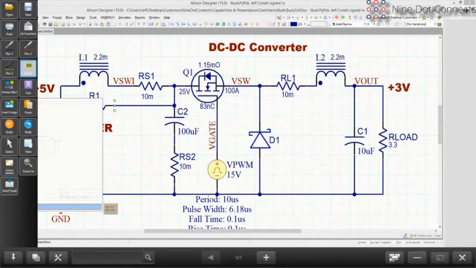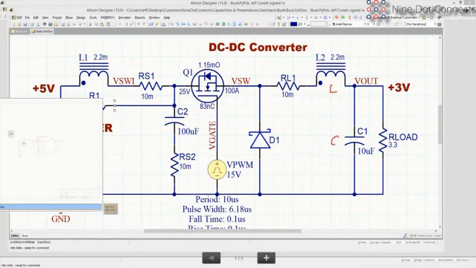Because we have an L and a C, we basically get a constant current flowing, and that current flows down through the load. Now there is a little bit of variance here. There's a small amount of ripple in L2, but it turns out that the load voltage is also being filtered by a capacitor. So Vout is pretty constant.